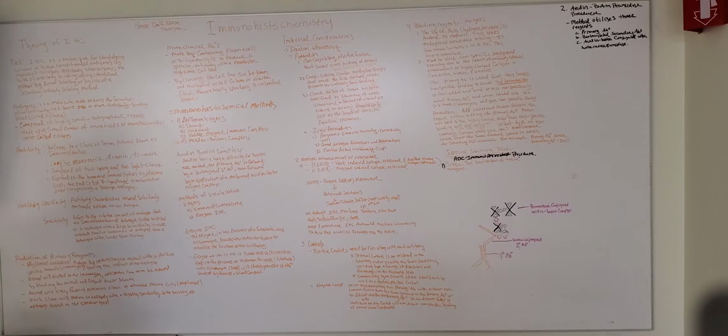Okay. So also specificity, or how specific it is, falls under this as well. But if you're looking for something very, very specific, then obviously you're going to want your antibody to be more sensitive. Okay.